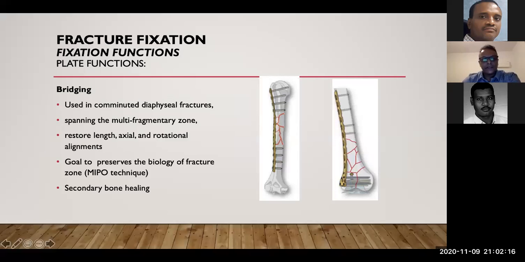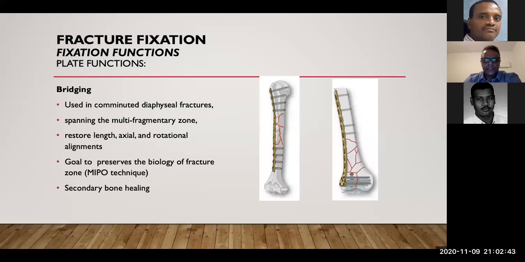Then another function of the plates is having a bridging plate. And this is used in combination with a very comminuted diaphyseal fracture. And this can be used to span the multifragmentary zone, which is a high energy zone, so you don't disturb the soft tissue. And through this plate, you can restore the length, the axial and rotational alignment.